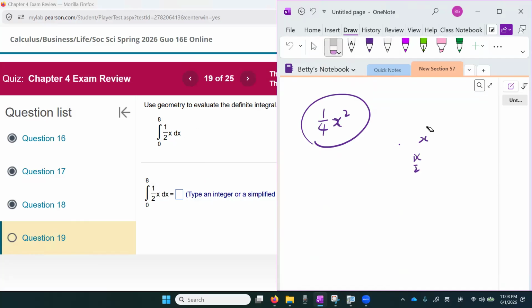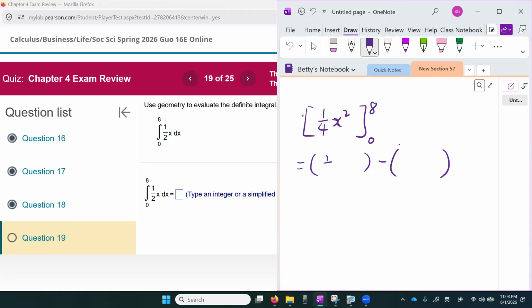Half of x. So that's the antiderivative. Upper limit, lower limit. Plug in 8, plug in 0. Plug in 0, cancel. Plug in 8 is 1 over 4 times 8 squared, 64, which gives 16.